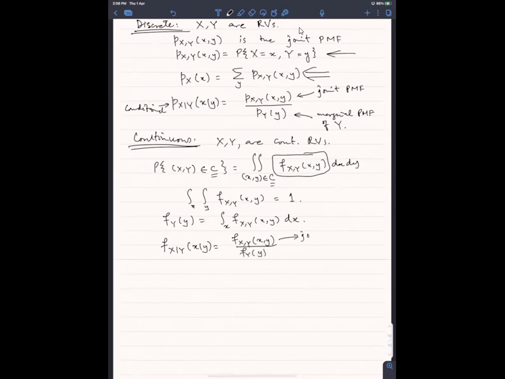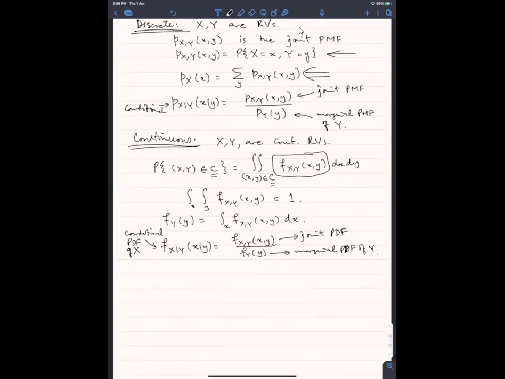This is the joint PDF of X and Y, this is the marginal PDF of Y, and this is the conditional PDF of X given Y equal to y.